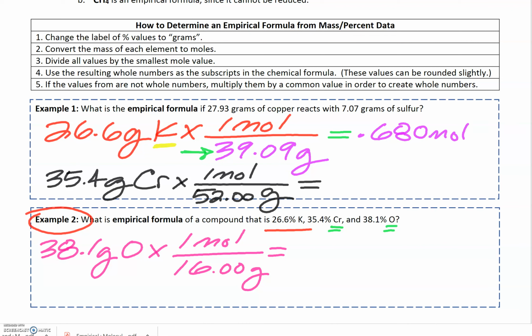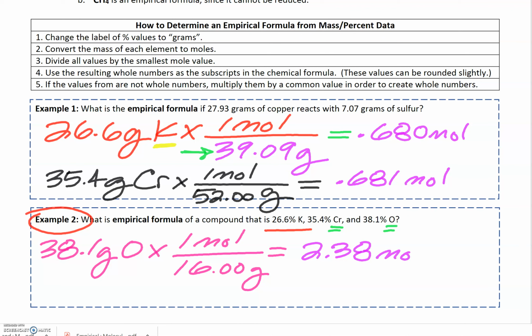And the chromium, when you take 35.4 divided by 52, you're going to get 0.681. And these are basically the same number. And then this oxygen here at the bottom, we're going to get 38.1 divided by 16, and that's going to be 2.38. So a little bit different, 2.38.